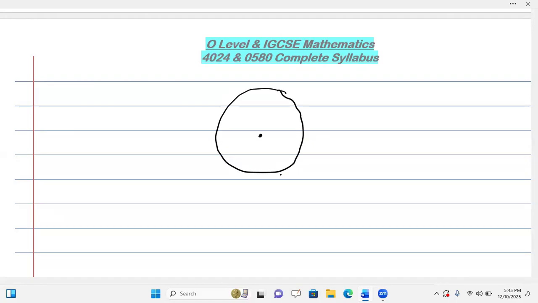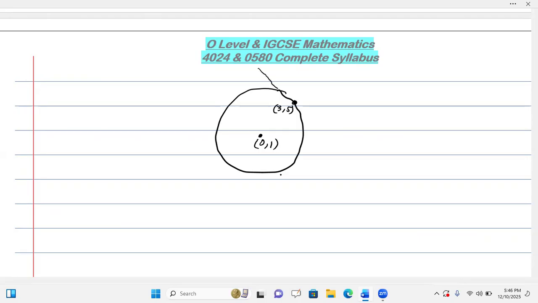So this is the point with center 0 comma 1. After that he says point P, 3 comma 5, is a point on the circumference of the circle. And he says find the equation of the tangent at point P.